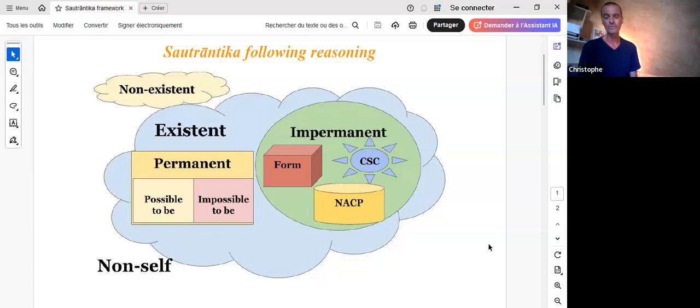So we need to be clear about the object of negation. For instance, if we study the Madhyamaka, from Mahayana Nagarjuna, we should not do as some people who, when they give conferences, say, oh, nothing exists. I heard that some people said that recently at Tibet House, during a very nice conference between epistemology and ontology.